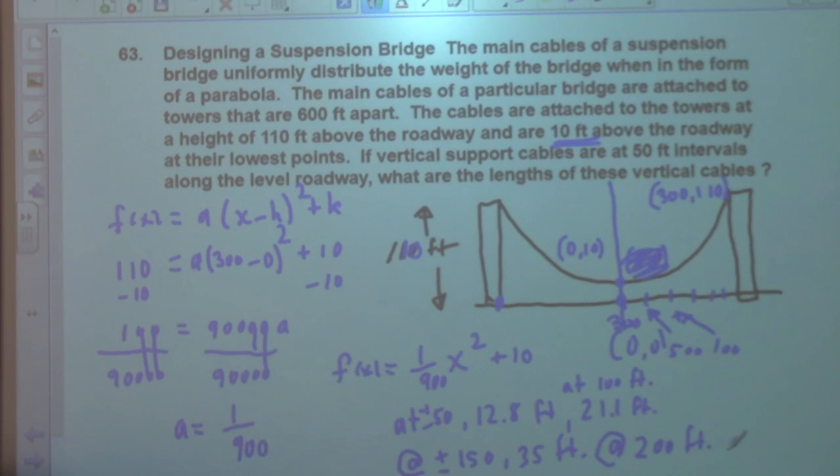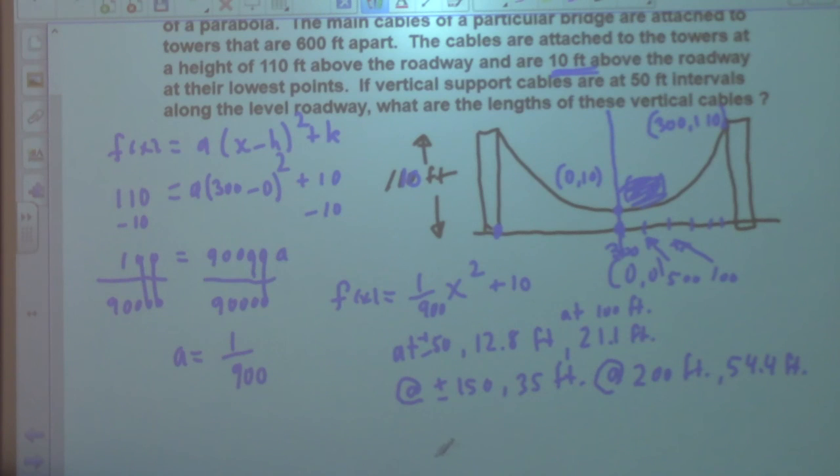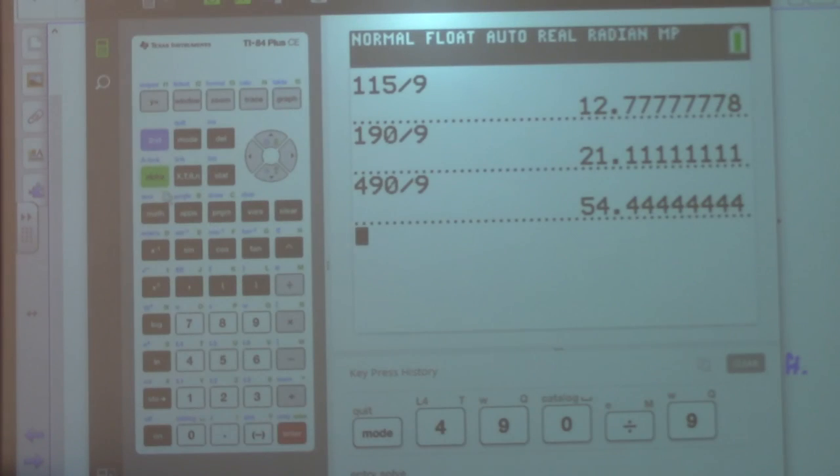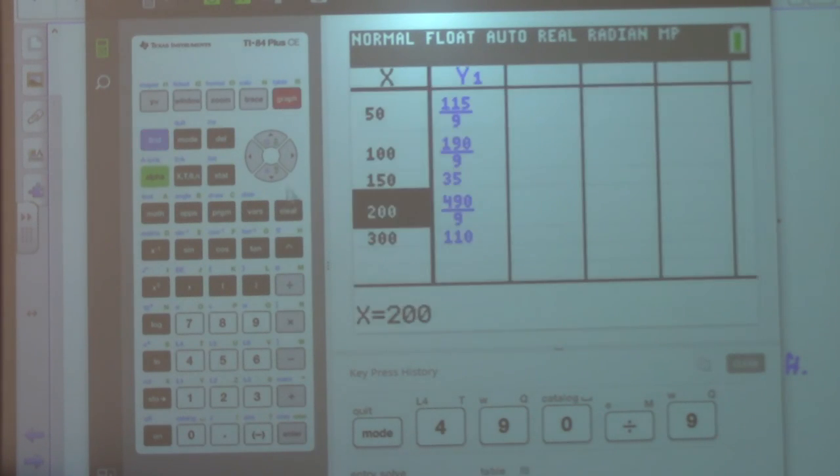So you don't have to find the length of the entire thing from half. Okay, at 250 feet, we have, oh, I forgot 250, right? Let's do 250.